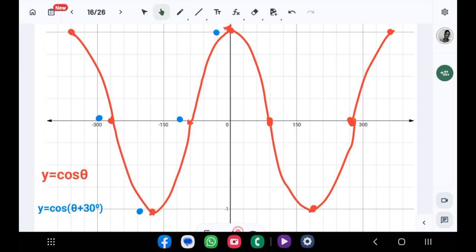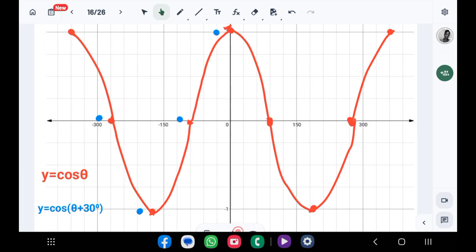Then the last milestone, let's see. 1, 2. The third one is outside of range. So we go 1, 2, and then we calculate.